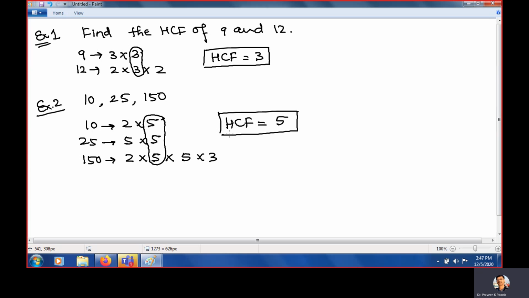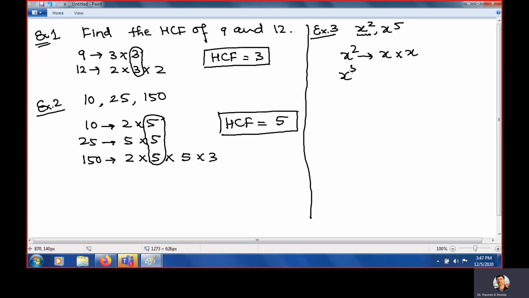This is when numbers are given. But if terms of x are given, how do we find the HCF of them? Like example number 3, the HCF of x power 2 and x power 5. Indirectly I want to say that x power 2 will be the HCF. How do we get it? x power 2 can be written as x times x.